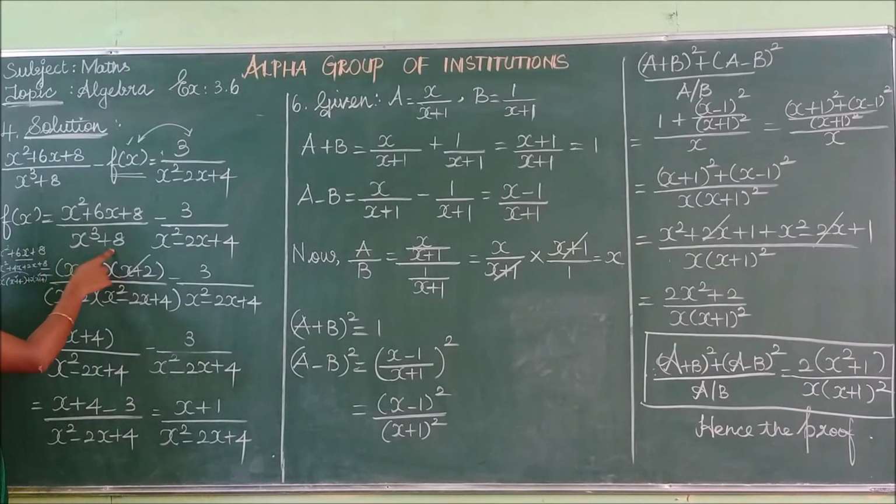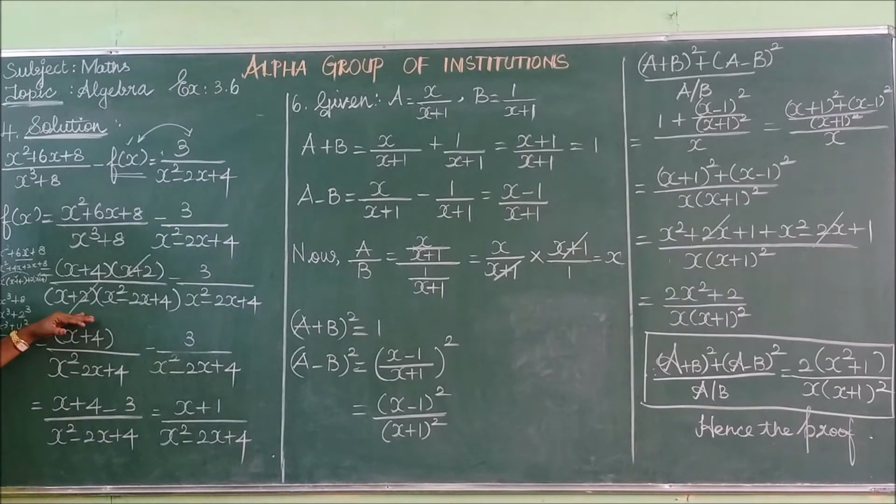Then find the factors for x cube plus 8. That can be rewritten as x cube plus 2 cube, which is in the form x cube plus y cube. You know the formula for x cube plus y cube: (x plus y) into (x squared minus xy plus y squared).